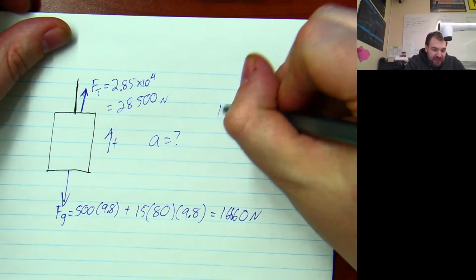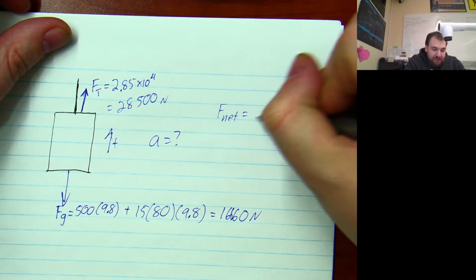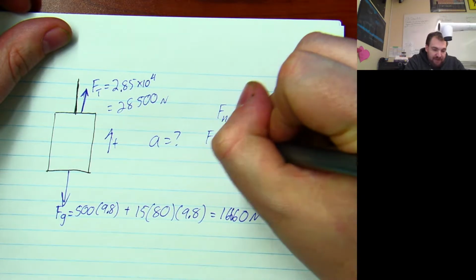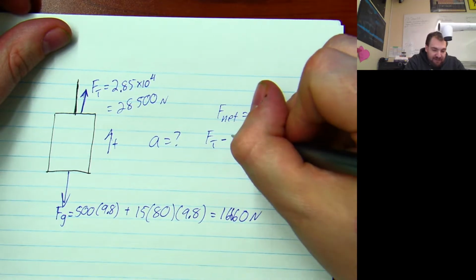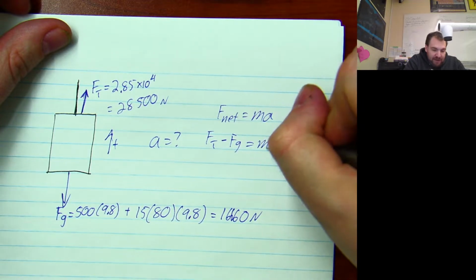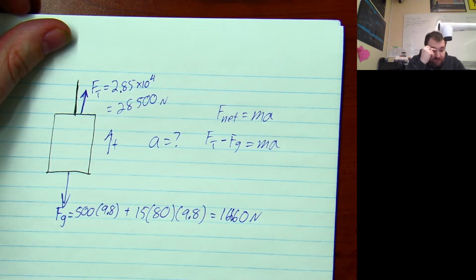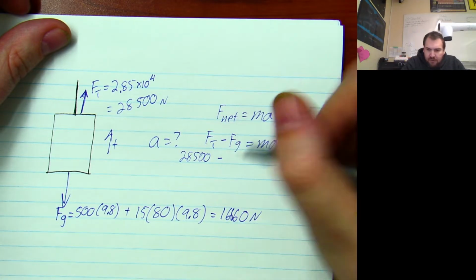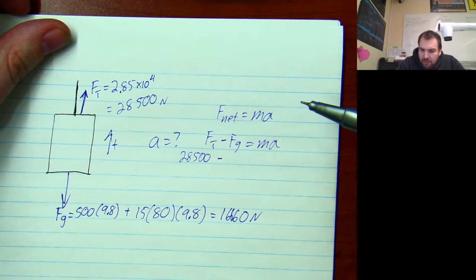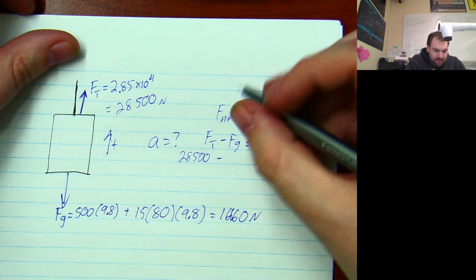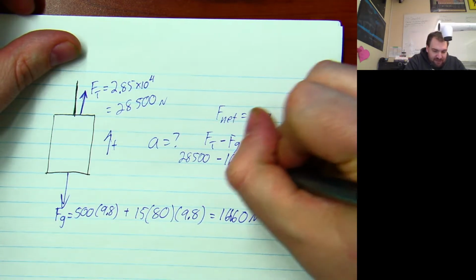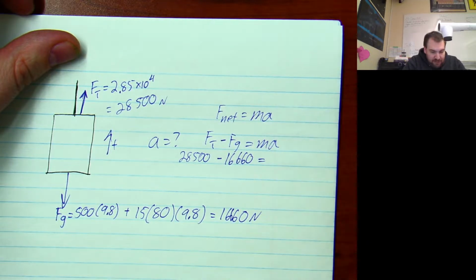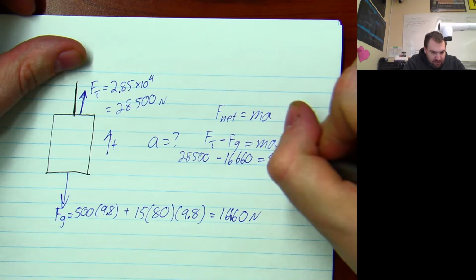So then this is just F net equals MA. It's going to become FT minus FG equals MA. So that's going to be 28,500 newtons minus 16,660 equals, what is that total mass?